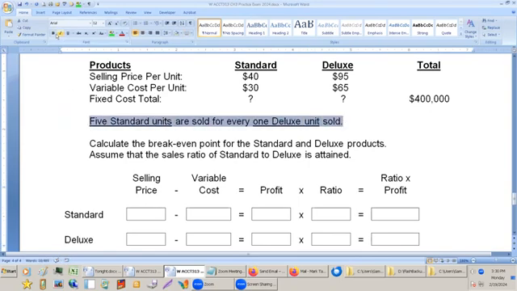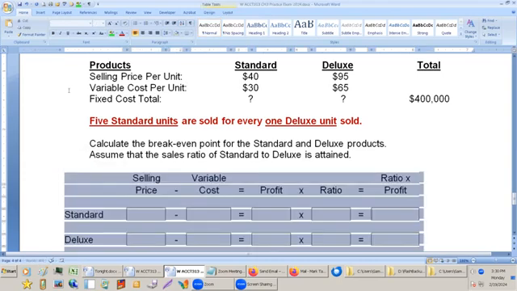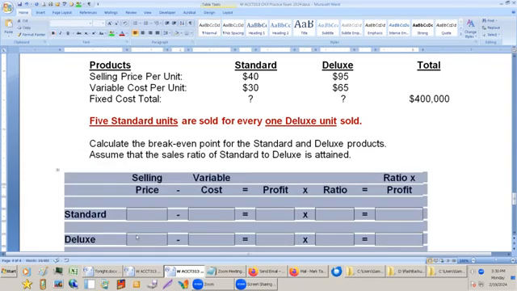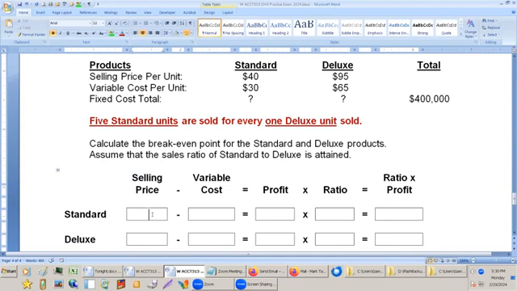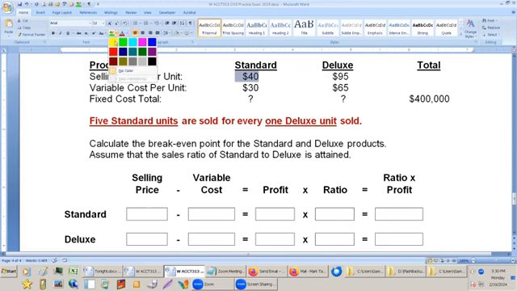We've got to split up the fixed costs. How much profit are we making on each standard?